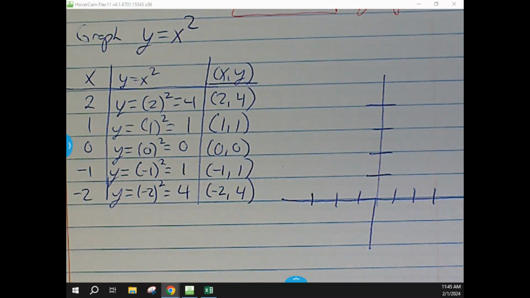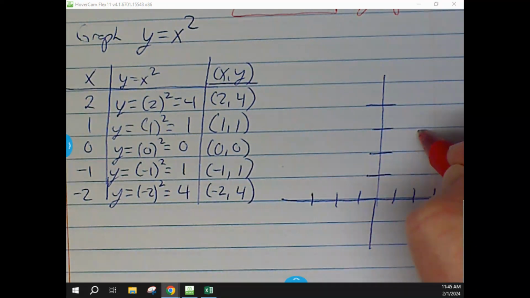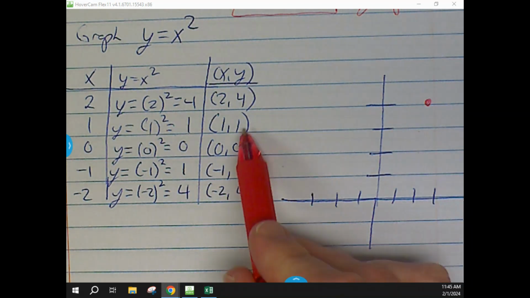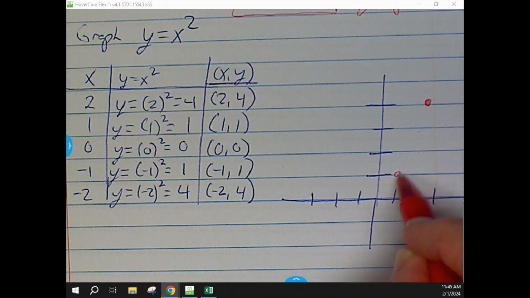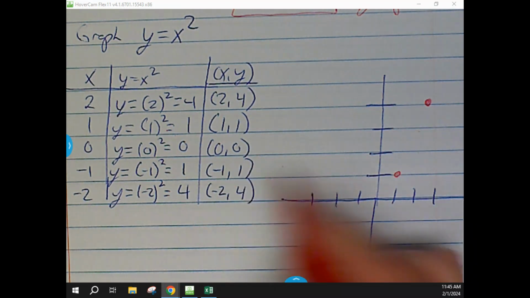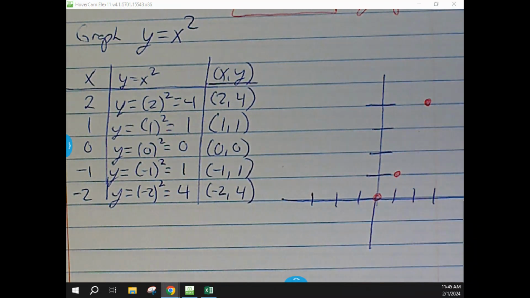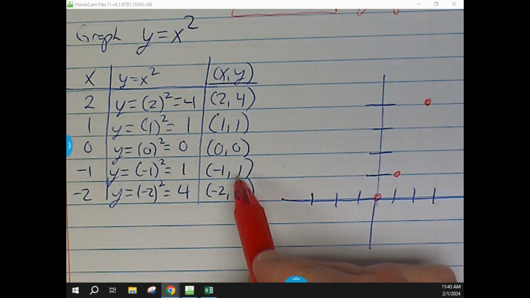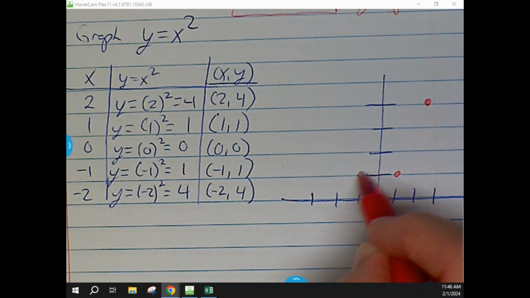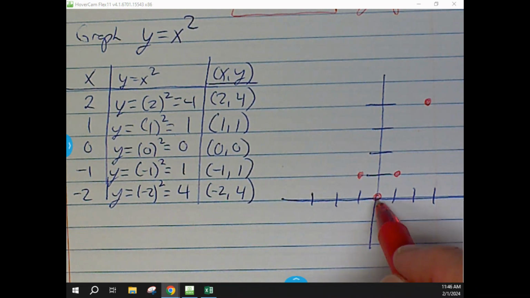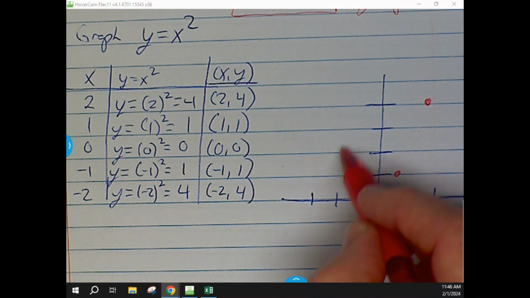The first point was at 2, 4: 1, 2, 3, 4. Second point's at 1, 1. Next point's at 0, 0. This point's at negative 1, 1. This point would be at negative 2, 4: 1, 2, 3, 4.